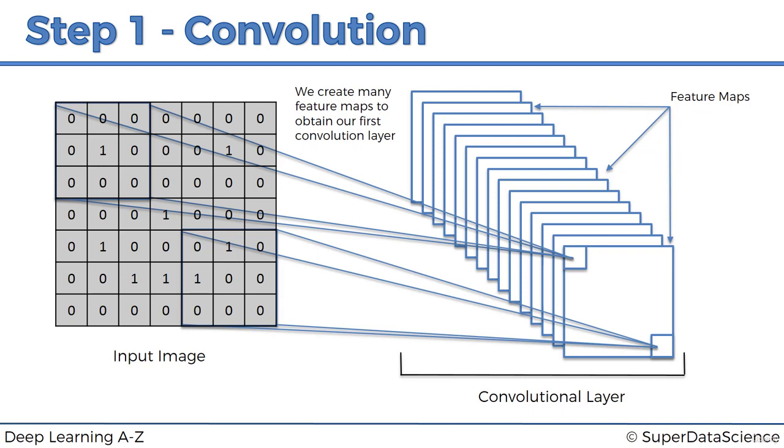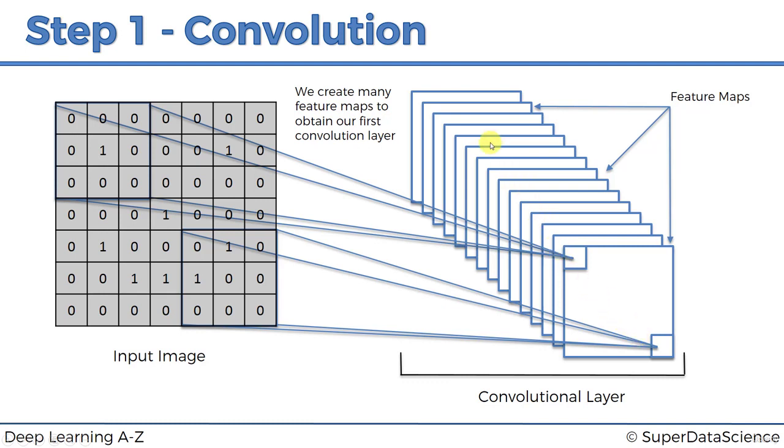The network decides through its training, which we'll discuss towards the end of the section, which features are important for certain categories, and it looks for them. Therefore, it'll have different filters, and we'll talk about filters shortly. To get this feature map, it applied a filter like the one we saw. But to get this feature map, it applied a different filter. To get this one, it applied another different filter, and so on.